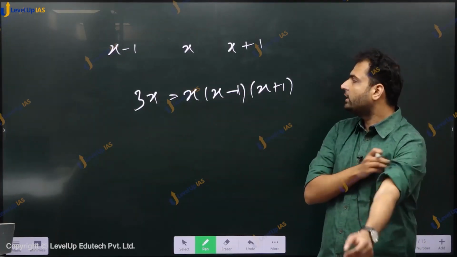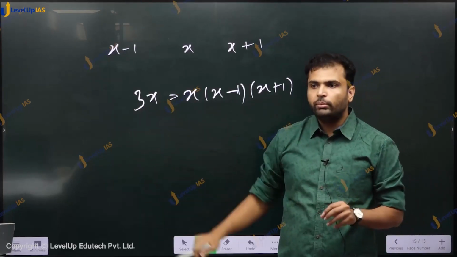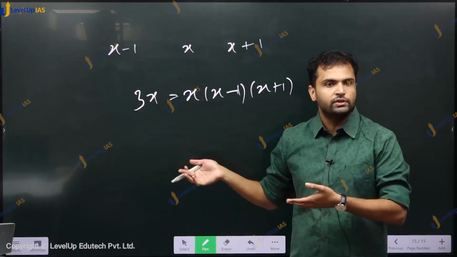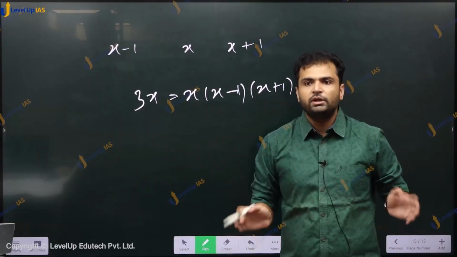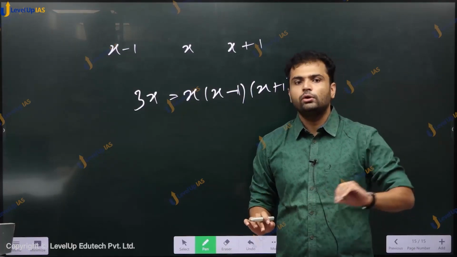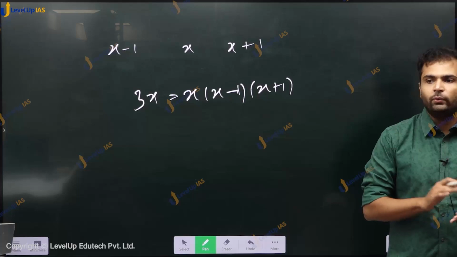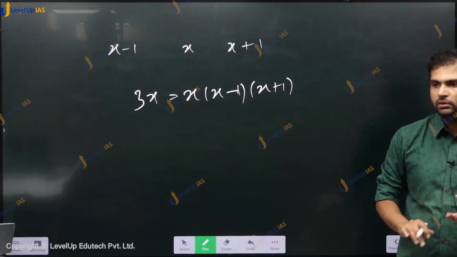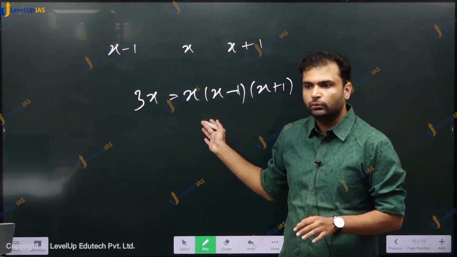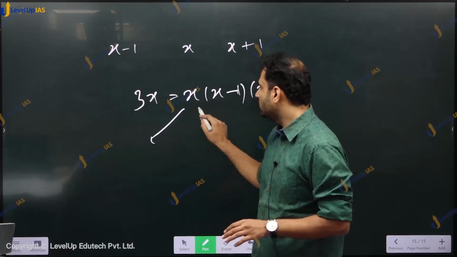Now here we wanted to cancel the x, but we could cancel only if x was non-zero. Cancellation matlab division hota hai. We cannot cancel numbers randomly. We can cancel or divide only when the number is non-zero. So we wanted to divide by x on both sides, so we ensured that we take two cases.